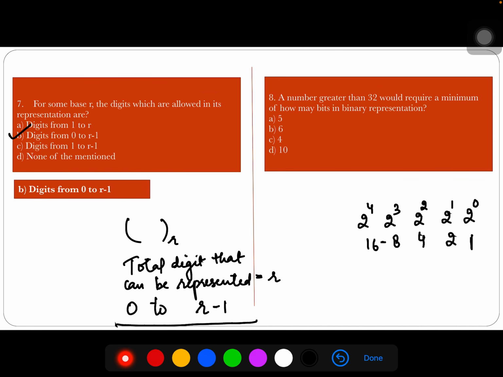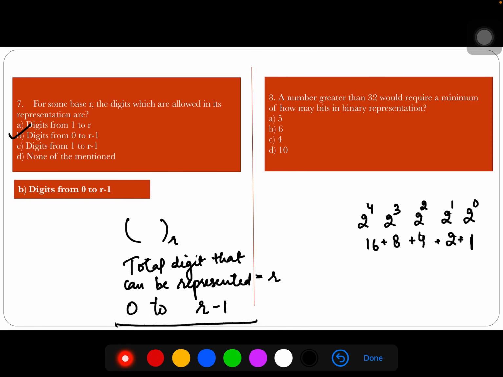If you add all of these, you will get 31: 16 plus 8 is 24, 28, 30 and 31. So you can represent numbers up to 31 here.